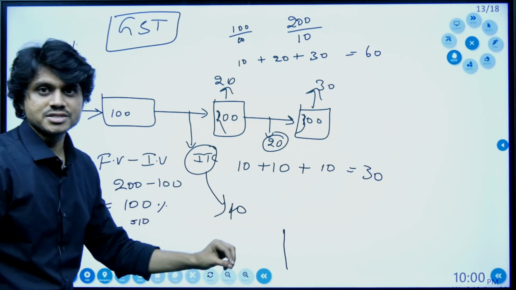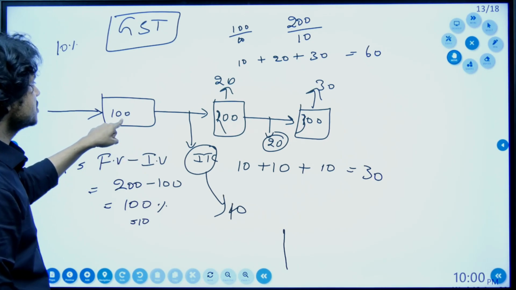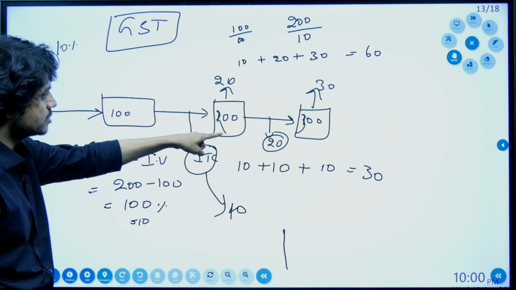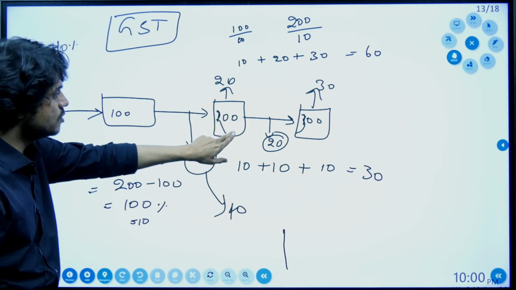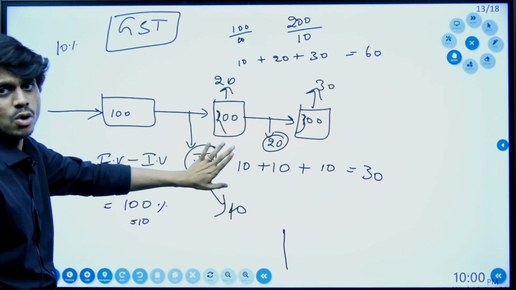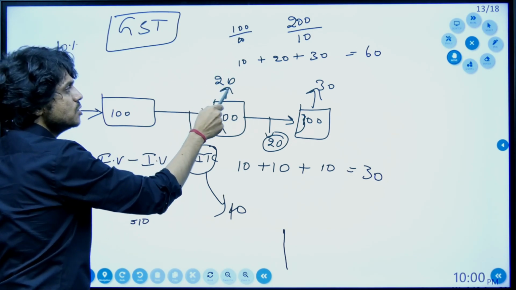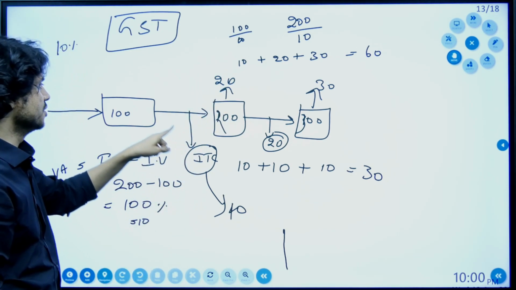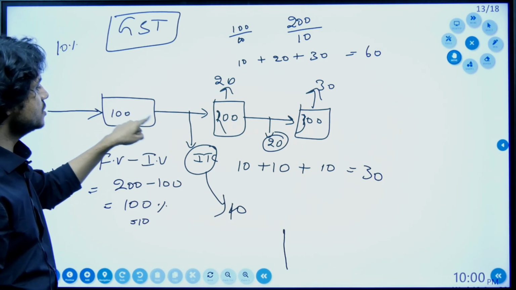Now if the GST is 10%, it means 10% on the 100 rupees. Firstly, this person will pay 10% on the 200 rupees, so it will come to 20 rupees. But then he will file the input tax credit on the raw material of 100 rupees.